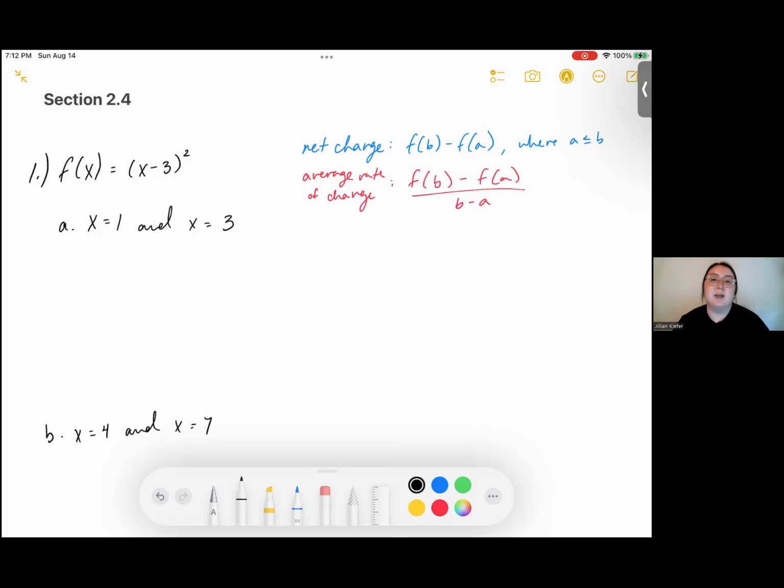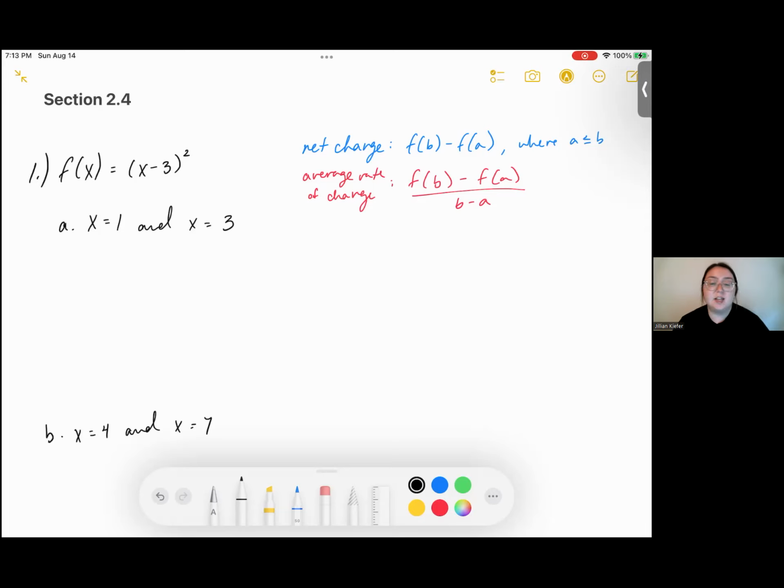If you notice, the net change is the same as the numerator of the average rate of change. The only stipulation with the net change is that a has to be less than or equal to b. So if we solve for net change, we've essentially also solved for the numerator of our average rate of change.